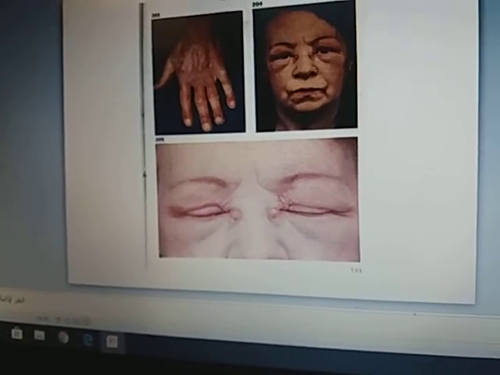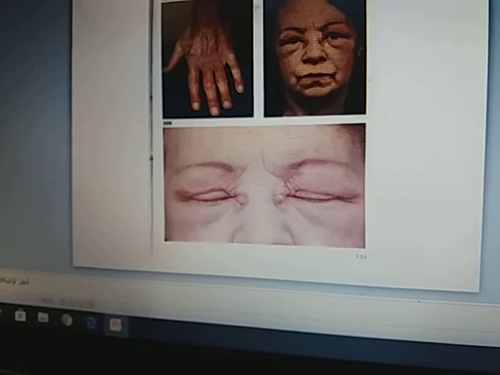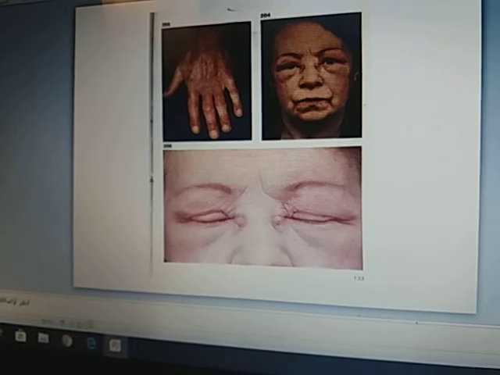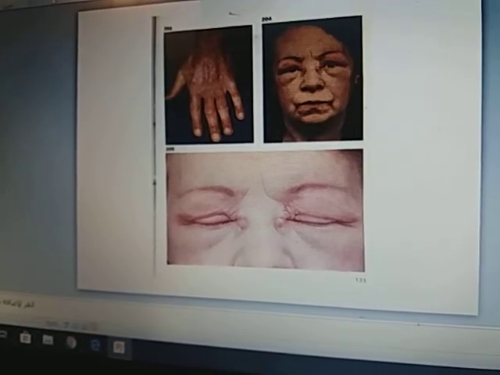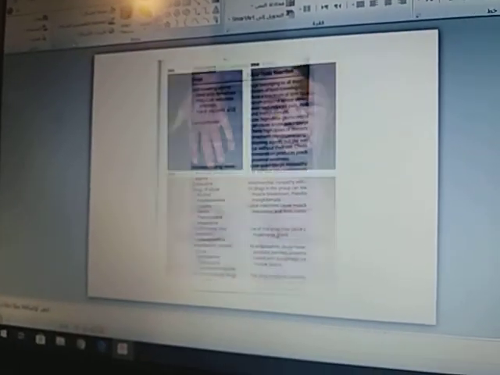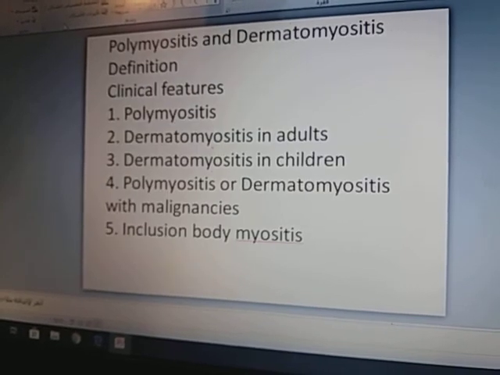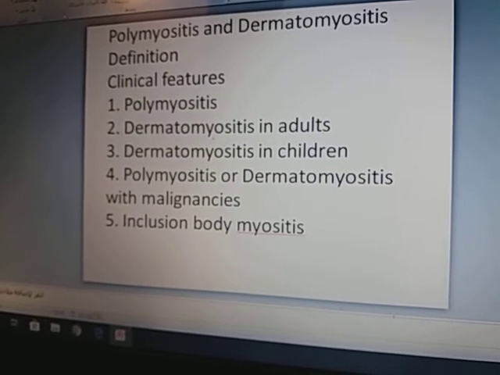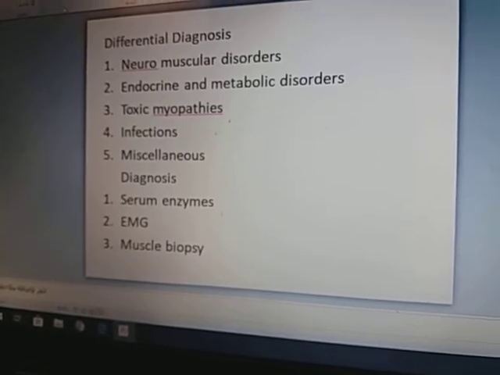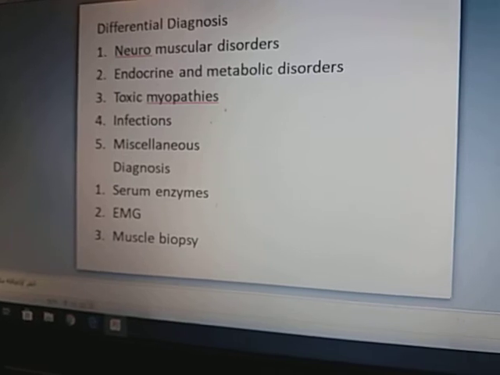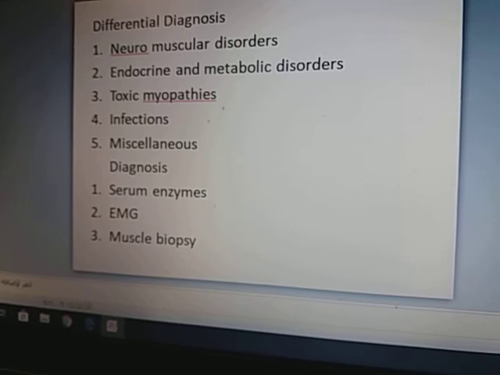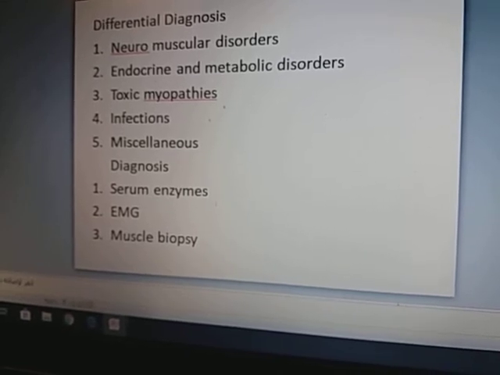In dermatomyositis and polymyositis, there is an increased risk of associated malignancies, which should be searched for. Investigations include muscle enzymes, CPK, creatine phosphokinase.